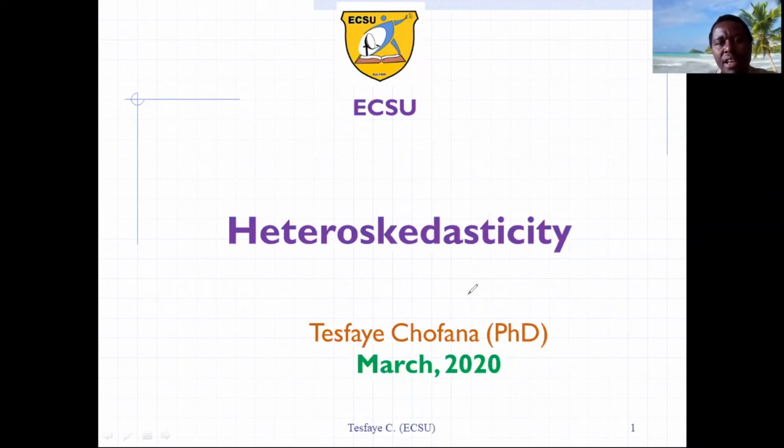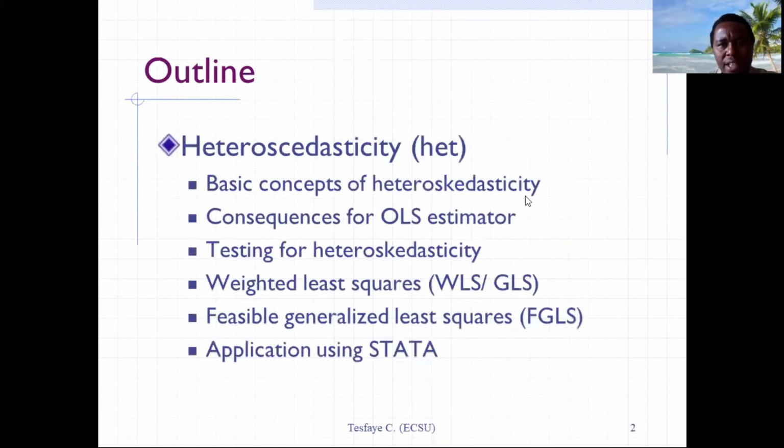This is heteroskedasticity, and these are the major issues to be covered in the section. The basic concepts of heteroskedasticity will be discussed, and we will look at the consequences for OLS estimators when there is heteroskedasticity, how this will affect OLS estimators, and also testing for heteroskedasticity.